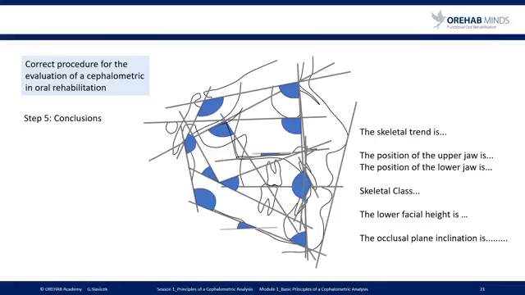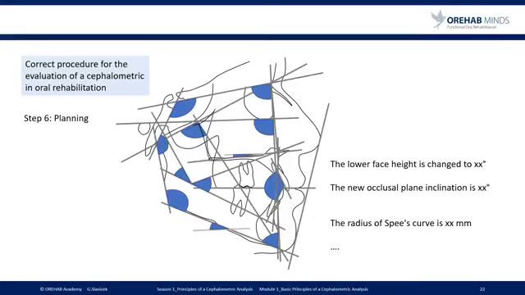Conclusions such as the skeletal trend, the position of the upper jaw, the position of the lower jaw, the skeletal class, the lower facial height, the occlusal plane inclination, and so on. All these parameters can now be developed.